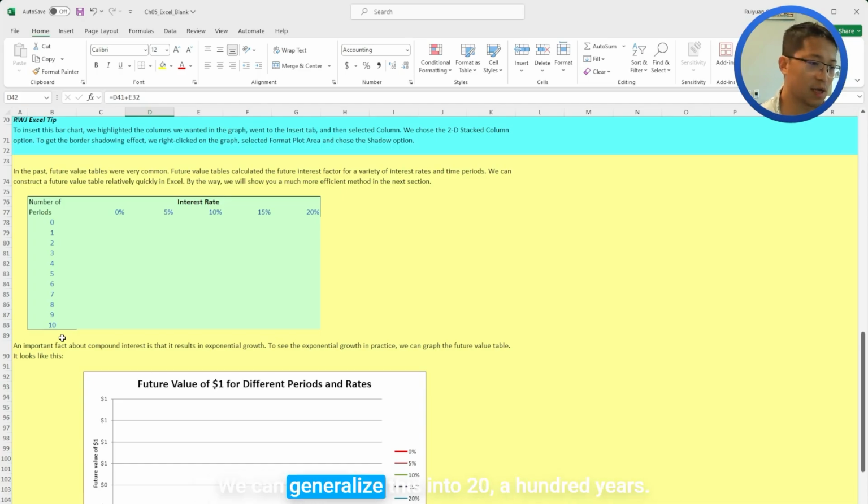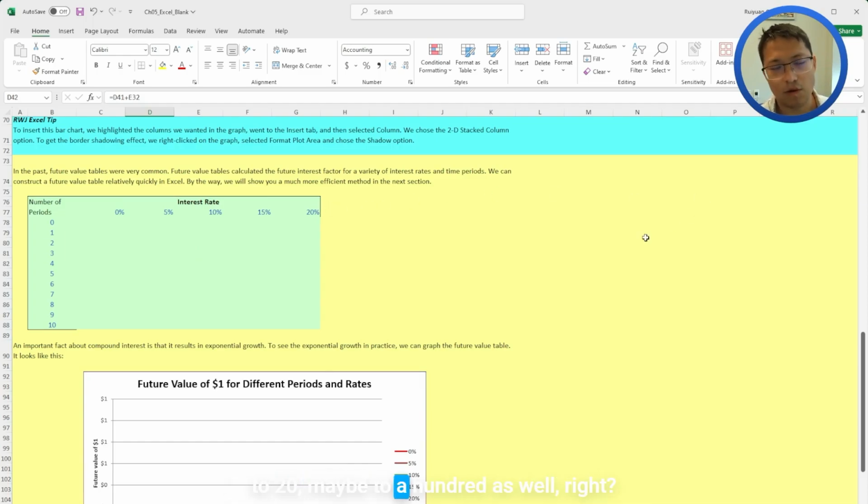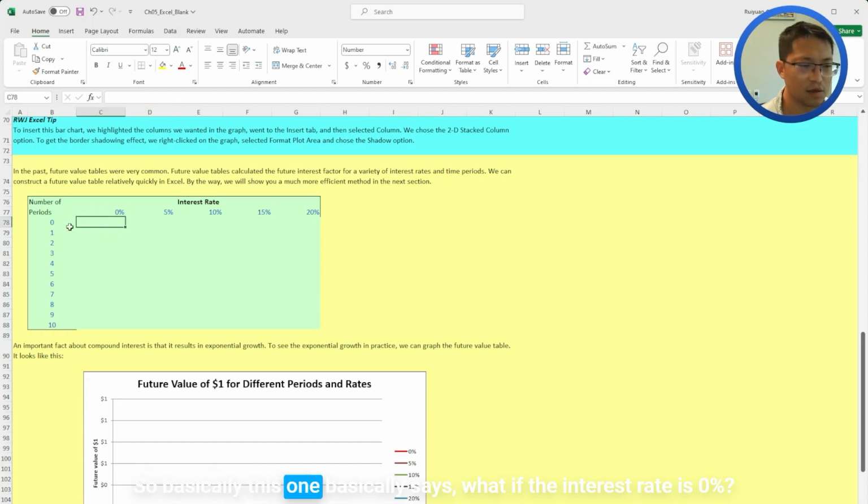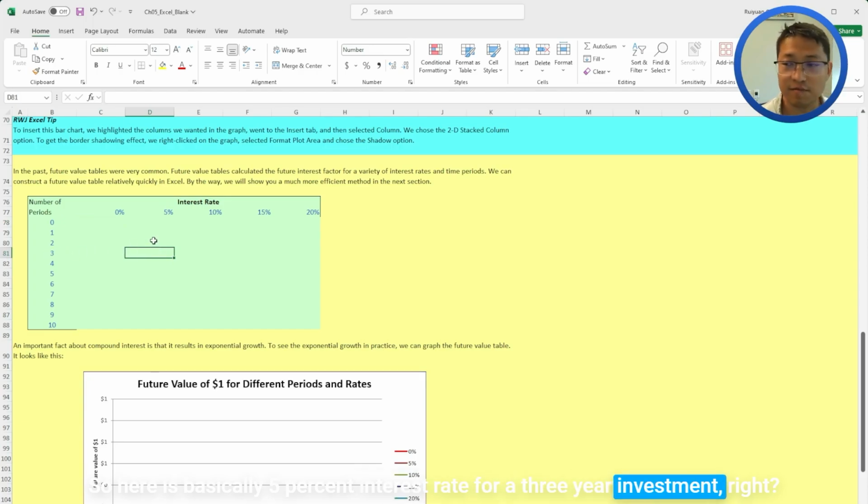We can generalize this into 20, 100 years. And what if the interest rate is 0% all the way to 20, maybe to 100 as well? So basically, this one says, what if the interest rate is 0% and the number of investment years is 0 as well? Here is basically a 5% interest rate for a 3-year investment.